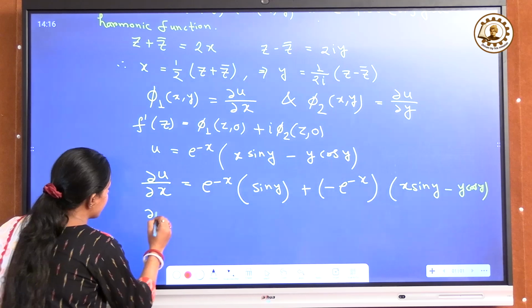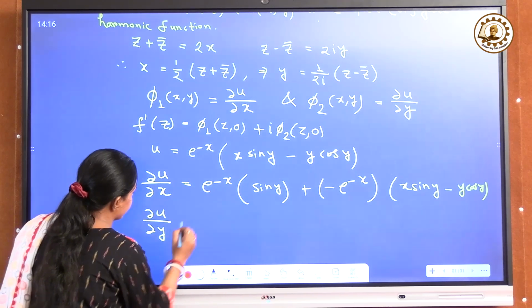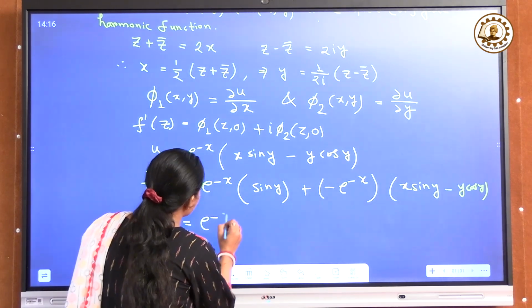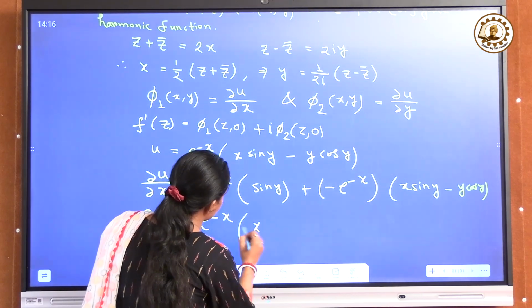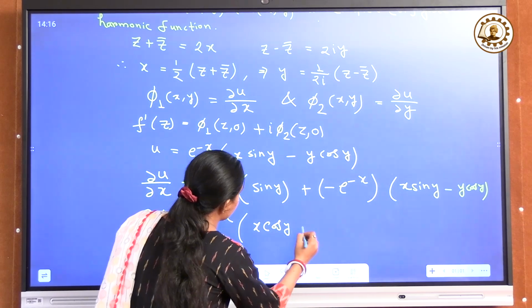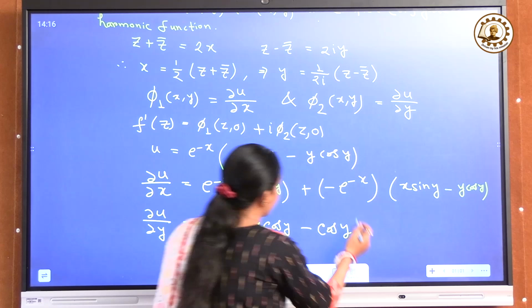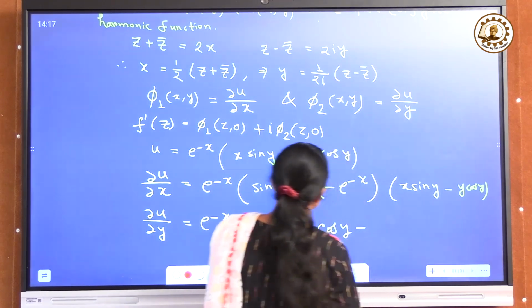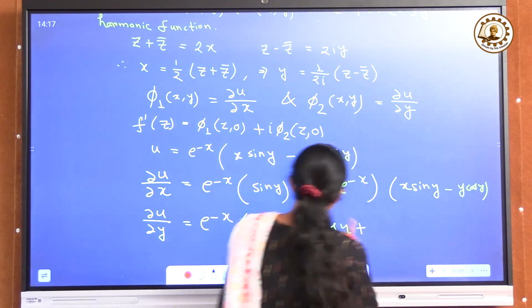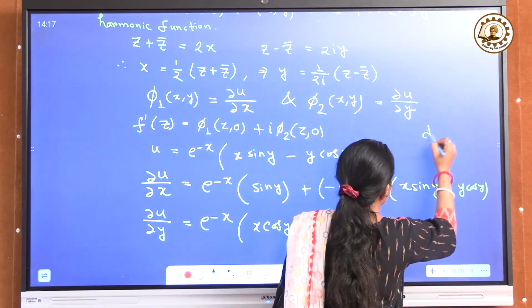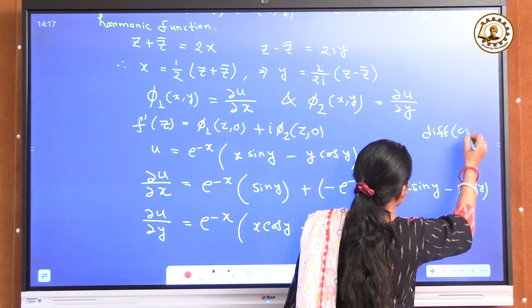Again, the partial derivative with respect to y. So del u del y equals e to the power minus x times (x cos y minus cos y, then minus y times the derivative of cos y).